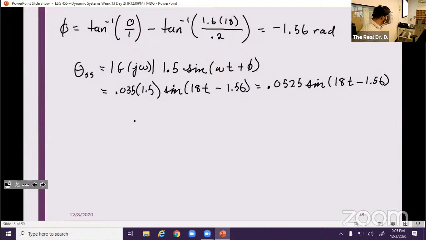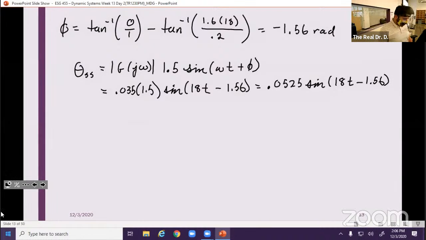Okay. Do we have any questions on how to find the steady state response? Everybody who ran through the problem got at least this far, or is about to get done with this. The next part is to put it in Simulink, and you can plot it. You know it's going to be a sine wave and then a smaller sine wave that's shifted. That's what we're expecting.